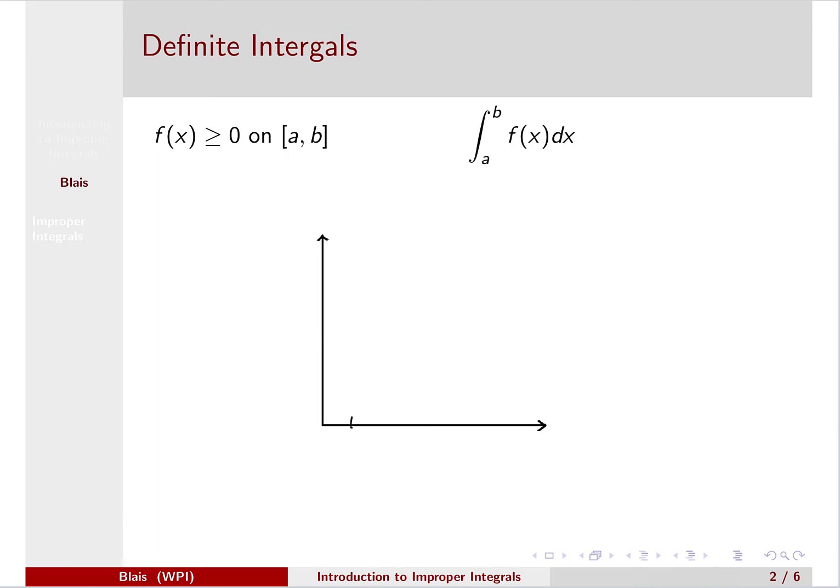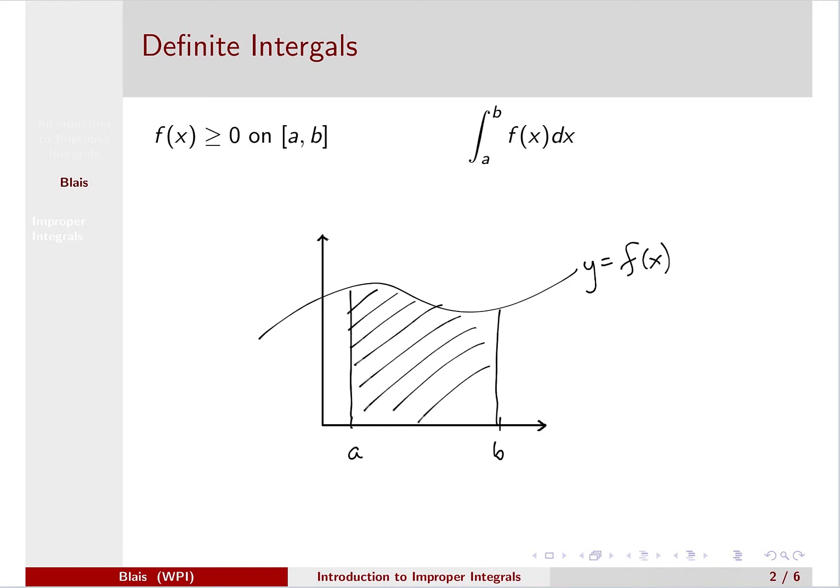So if we're looking on an interval AB, and we have some function that's non-negative, and we want to consider the area below the curve over the interval AB. And we learn that this, defined as the definite integral from a to b of f of x dx, as a limit of Riemann sums, gives us this exact area.